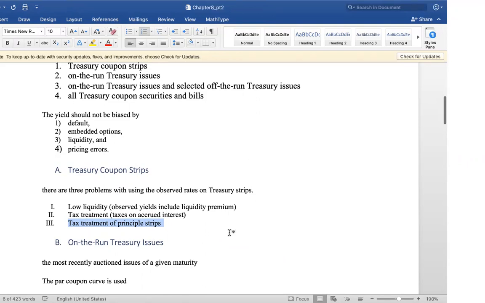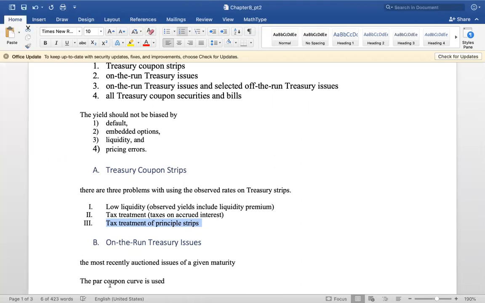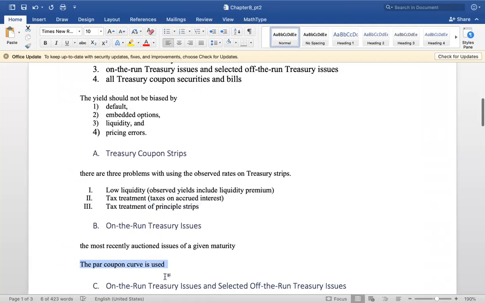Instead, for each on-the-run coupon issue, the estimated yield necessary to make the issue trade at par is used, which is called the par coupon curve. So it's important to understand that we do not use the observed yields, but for on-the-run securities we use yields that are estimated, which are necessary to make the issue trade at par.